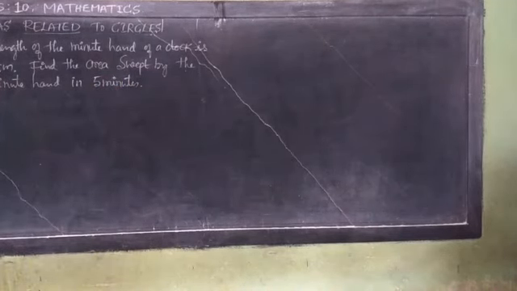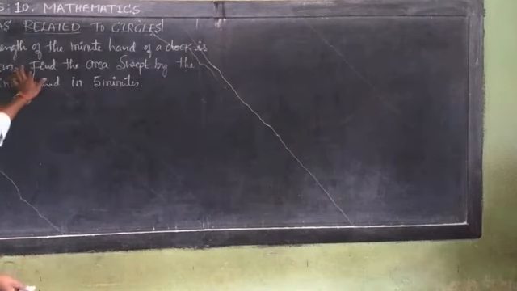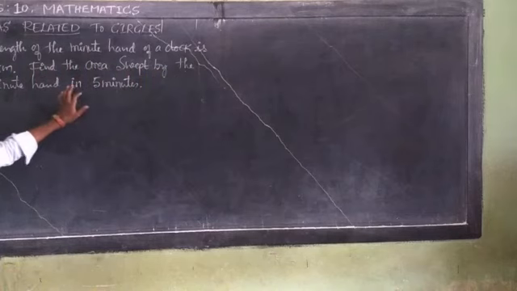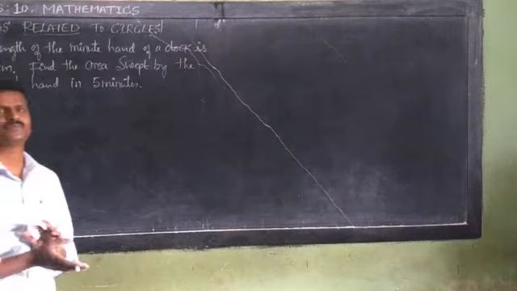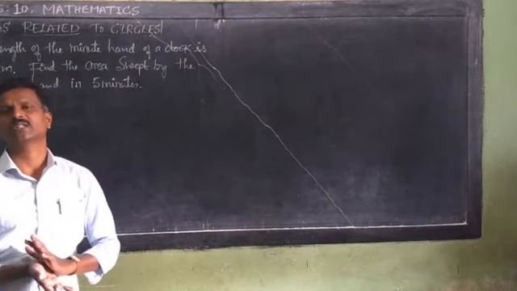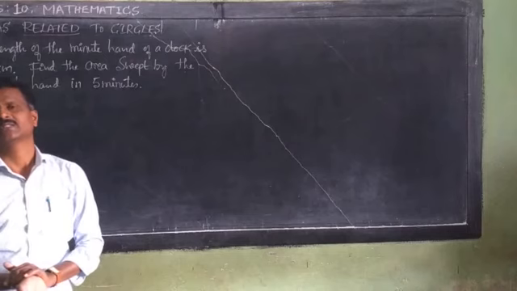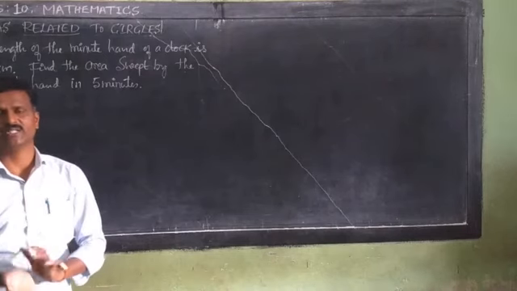Here the problem is the length of the minute hand of a clock is 14 centimeter. Find the area swept by the minute hand in 5 minutes. How much area does the minute hand sweep in 5 minutes?